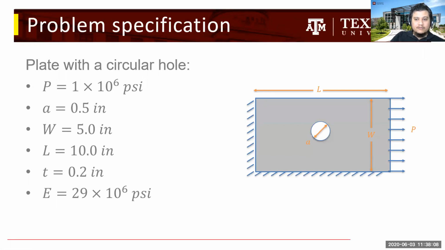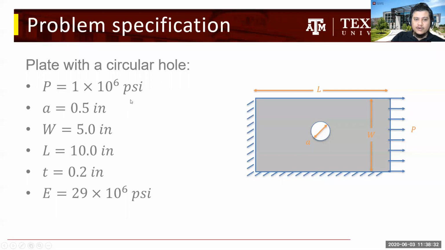The problem which we'll be solving through FEA today is a solid plate with a circular hole in between. The dimensions of the plate are length times width, 5 by 10 inches.